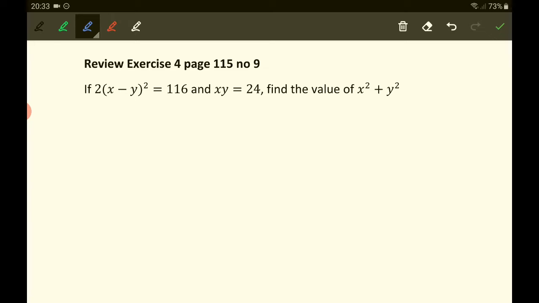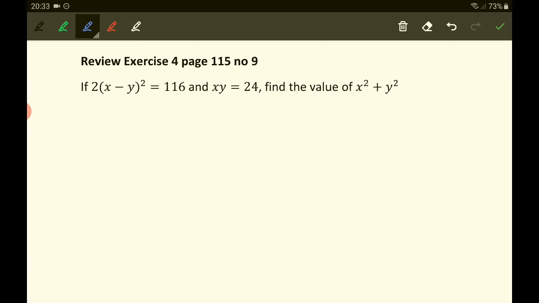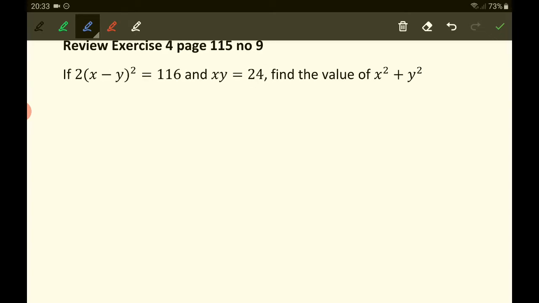The question is: if 2 times bracket x minus y squared equals 116 and x times y is equal to 24, find the value of x squared plus y squared. In this question we need to work on this equation, so we focus on it and try to find x squared plus y squared from it. First, we need to move the 2 to the right.